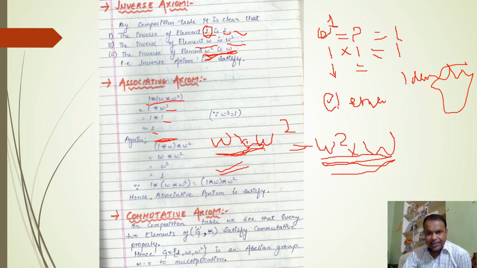So here we can say that this algebraic structure having elements 1, omega and omega square with respect to multiplication is a group, and there is a finite number of elements, so obviously it is a finite group. So this is a finite abelian group because it satisfies all 5 properties.